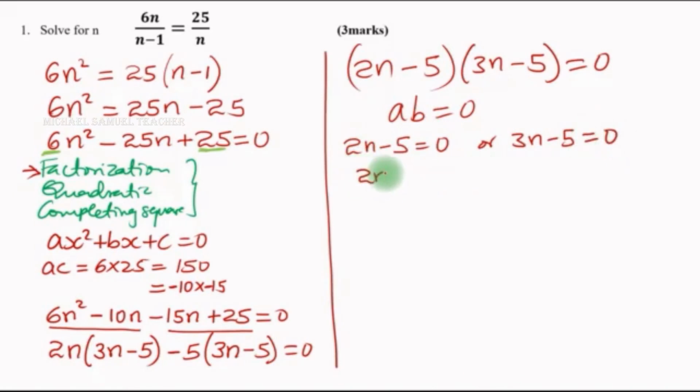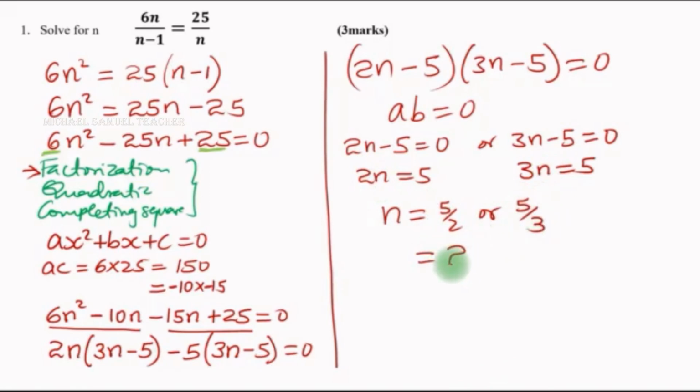Therefore, this will be 2n equals 5, and this will be 3n equals 5. Therefore, n we get by dividing through by 2, so 5 over 2. The other one is 5 over 3. So this is the same as 2.5, and this is the same as 1 and 2 over 3. And that is the value of n using the factorization method.